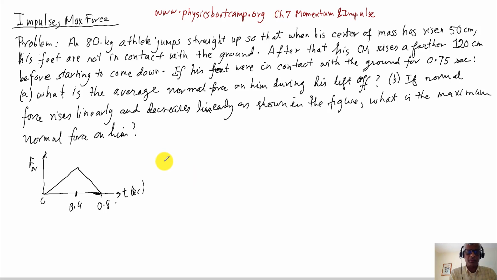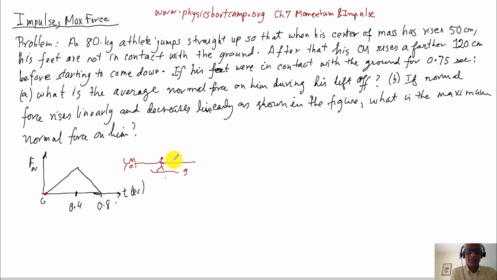Let's draw it out. So here's the ground, and here is an athlete trying to jump. The center of mass is at this height at time 0, and he pushes and the normal force is up.